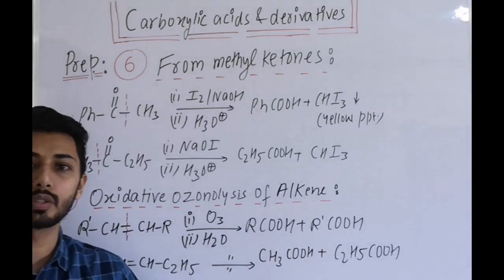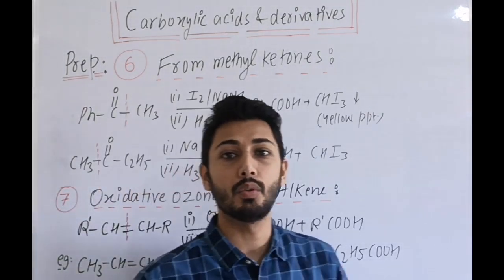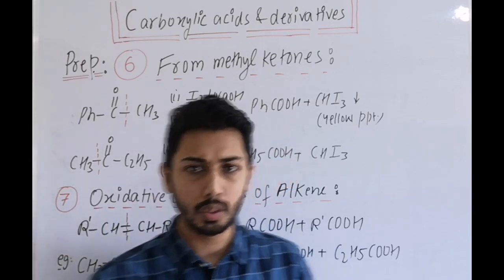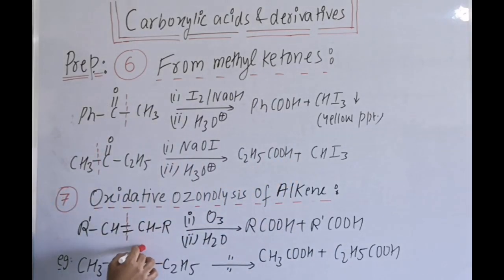These are the two products formed by oxidative ozonolysis. We get carboxylic acid, and ketone is also possible: if there is an R there, that part gives ketone and the other part gives acid. For example, in this case the bond is cleaving and the left portion will give CH3COOH because it is oxidative ozonolysis, and the right portion will give C2H5COOH. So these are the preparations of carboxylic acid.